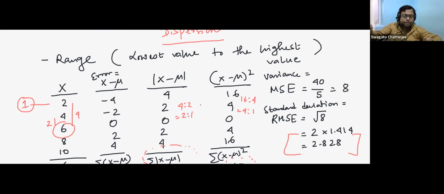But all of that makes sense only as long as the data is higher than 1. If the data is bounded between 0 and 1, in those situations MAE is probably a better way of measuring.